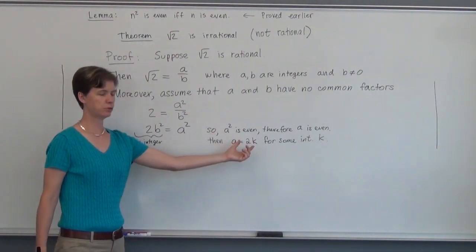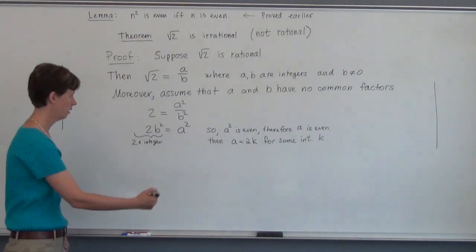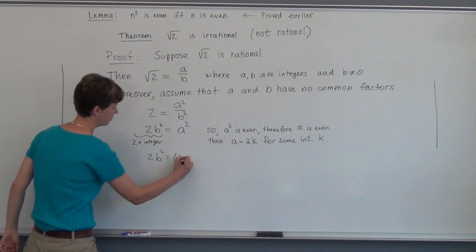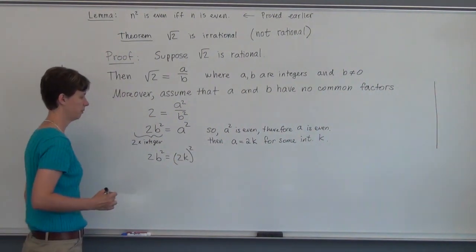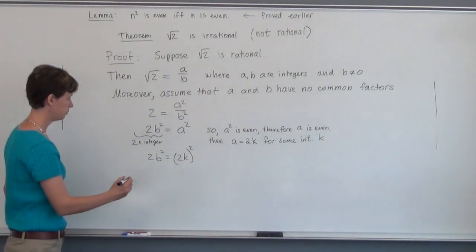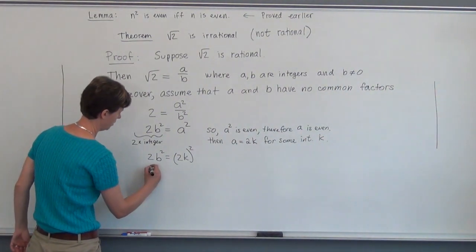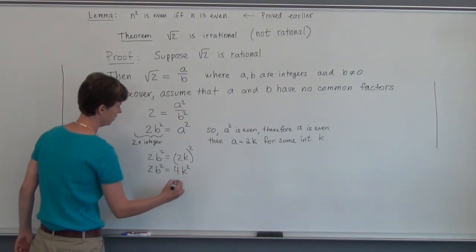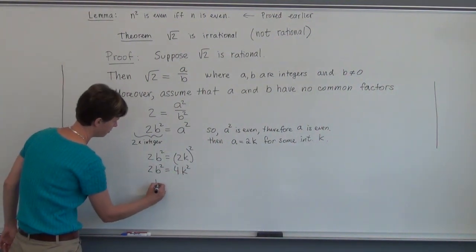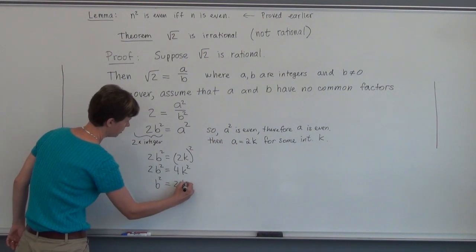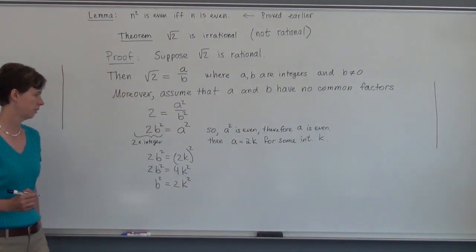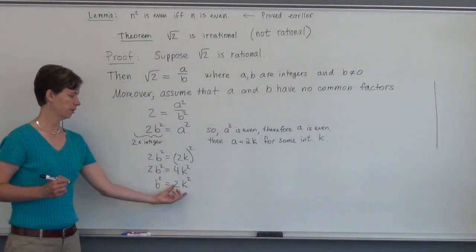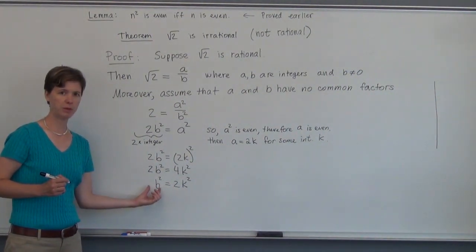And now I'll take this 2k and plug it in. So what we have is 2b squared is equal to (2k) squared, which gives me 2b squared is equal to 4k squared, and this gives me b squared is equal to 2k squared. But now, what do we have? What does this tell us about b?